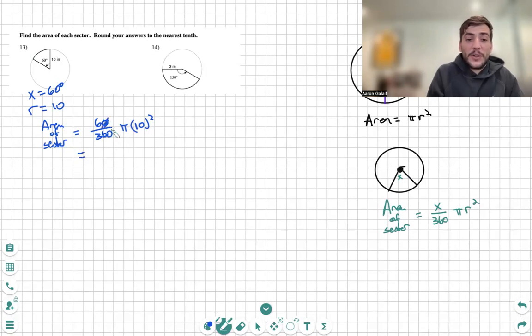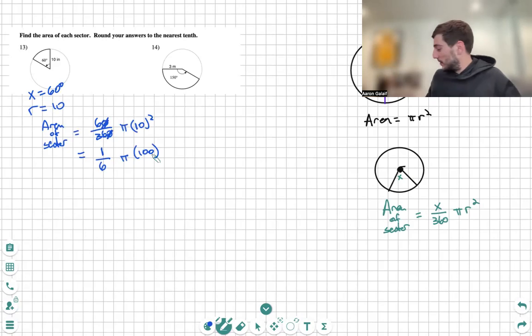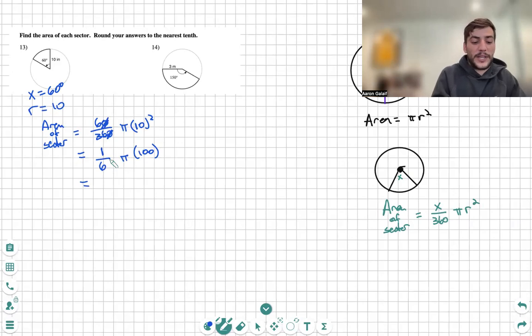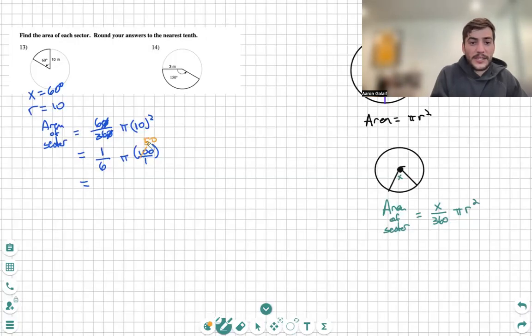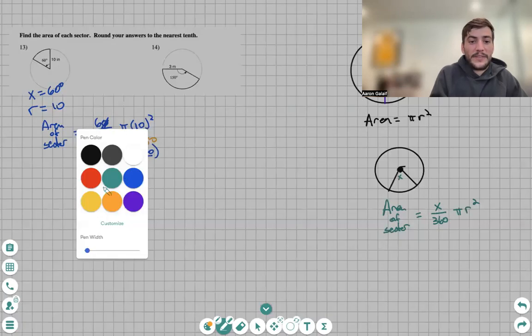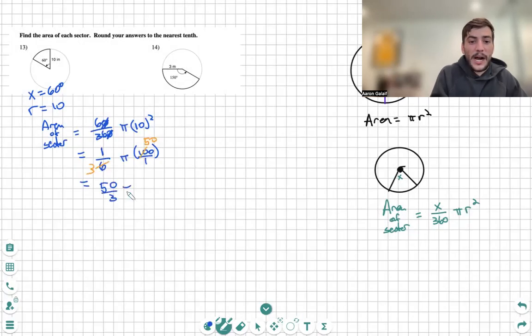Let's simplify this. The zeros will cancel. 6 over 36 will turn into 1 over 6 times pi times 100. Now, we could leave this as a fraction. We'll simplify this first, put the 100 over 1, cross cancel, divide by 2, divide by 2. We can leave this as 50 over 3 pi, or we can multiply by pi in our calculator or by 3.14, whichever is preferred by the teacher.